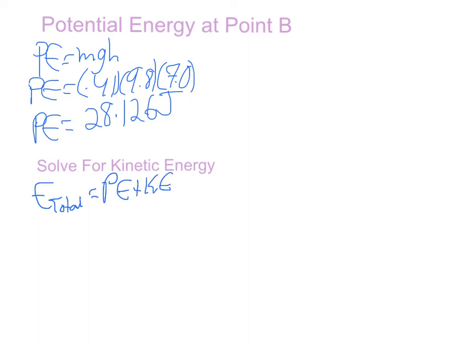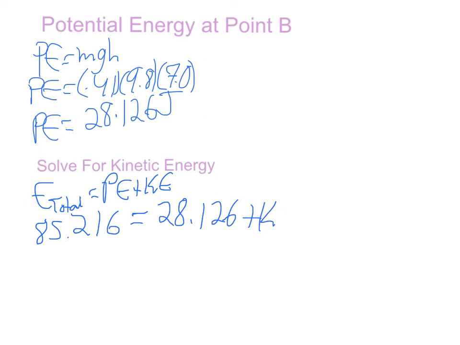And we also know that energy is conserved, which means that the total amount of energy at point B has to be the same as the total amount of energy at point A. So if we take our answer that we just found previously for the total energy, which was 85.216, we're going to set that equal to the potential energy we just found for point B, 28.126, plus KE.